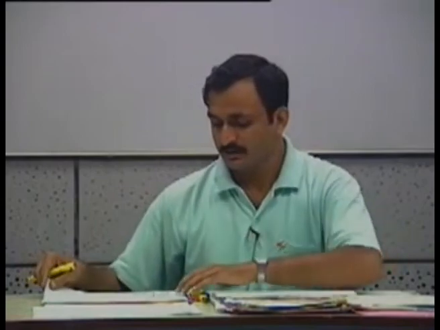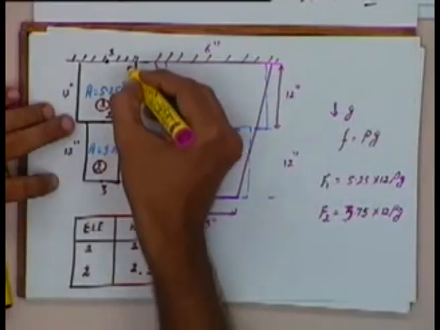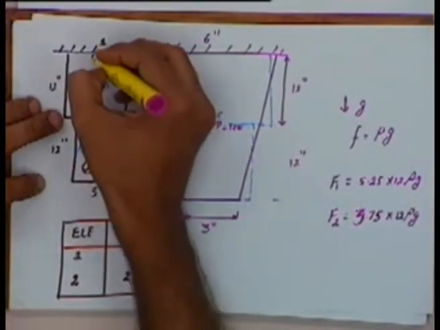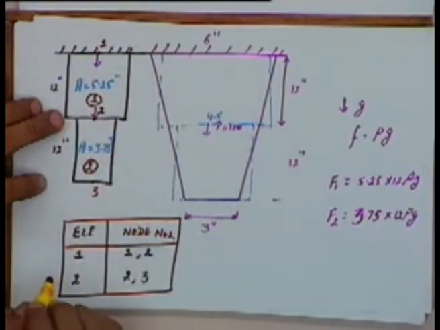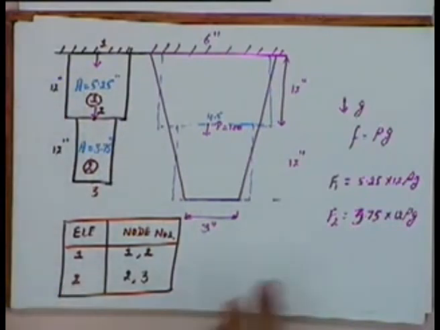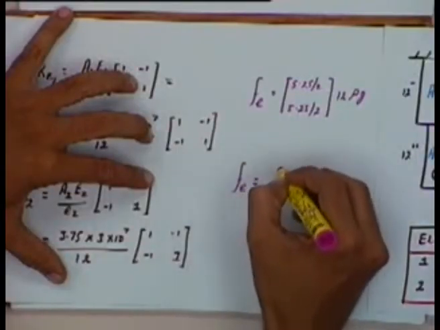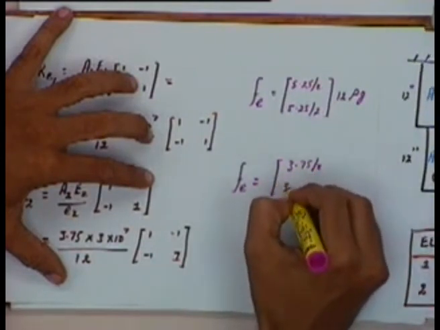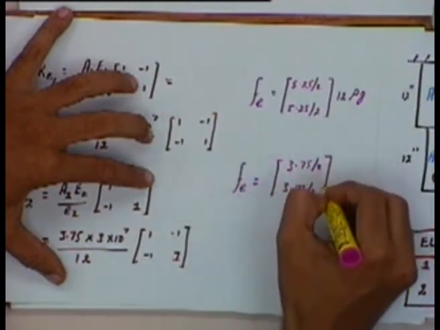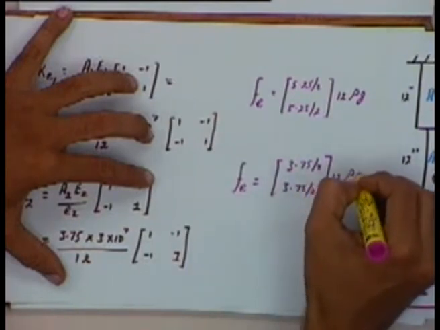I am looking at this element, and whatever the total force acting, half of it will act here, and the other half will act at the other node. Similarly, if I take up the other element, the body force will be 3.75 by 2, 3.75 by 2 multiplied by 12 rho g.